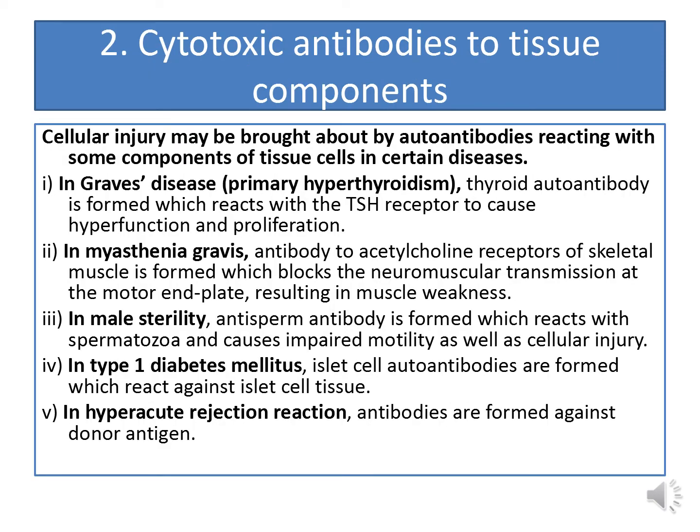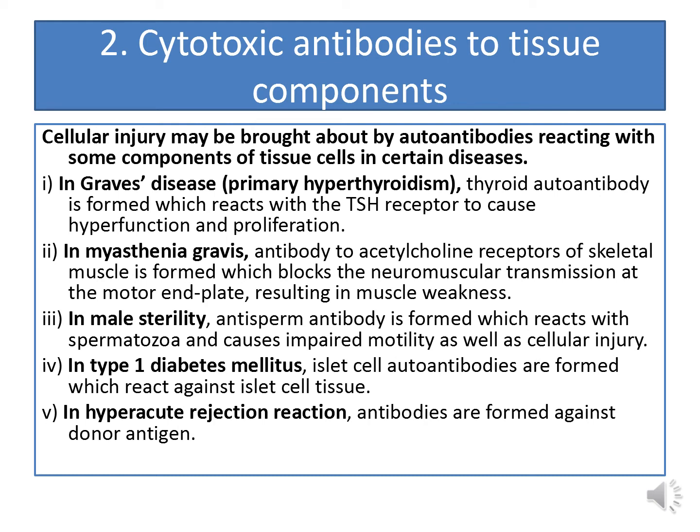The second, cytotoxic antibodies to tissue components. We know such examples like Graves' disease, primary hyperthyroidism, where thyroid autoantibodies are formed which react with the TSH receptor and cause hyperfunction and proliferation of the thyroid tissues.